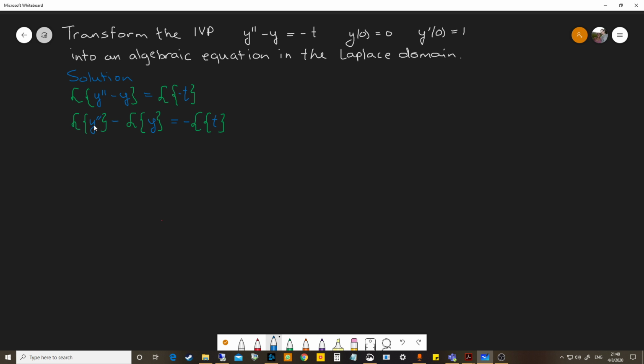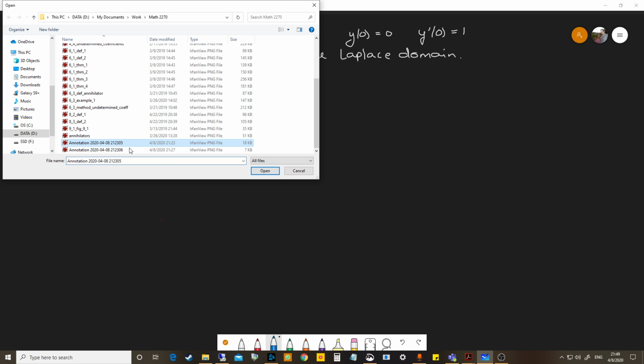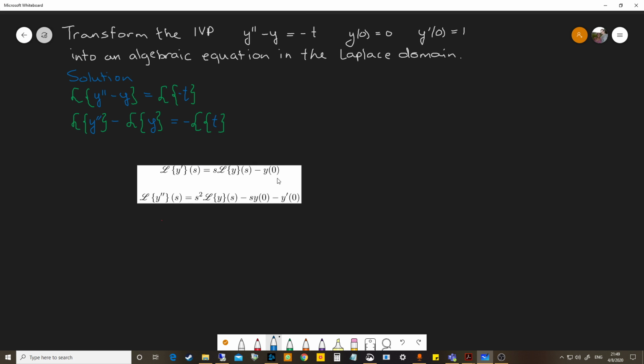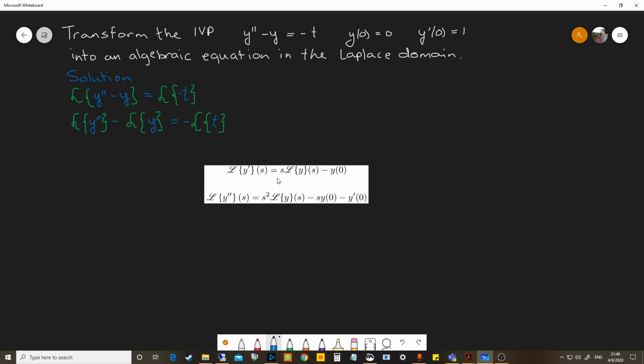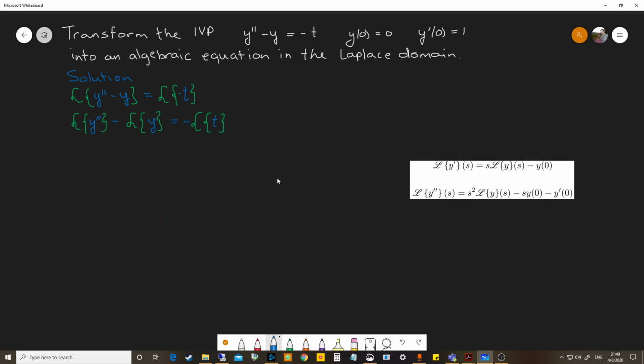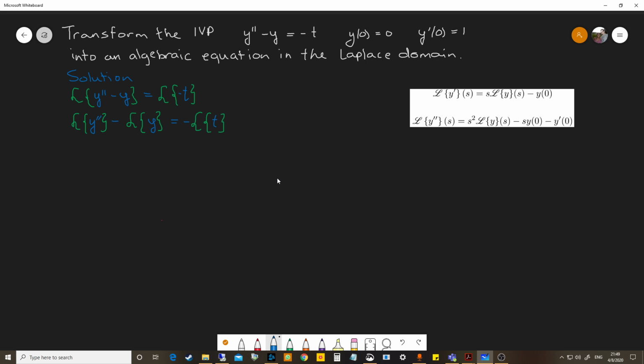Now, to simplify the Laplace transform of y double prime, we need a property of the Laplace transform, and we can find that over here. So here we see two properties, for the Laplace transform of y prime and the Laplace transform of y double prime.